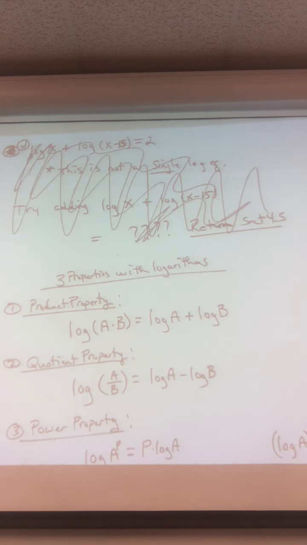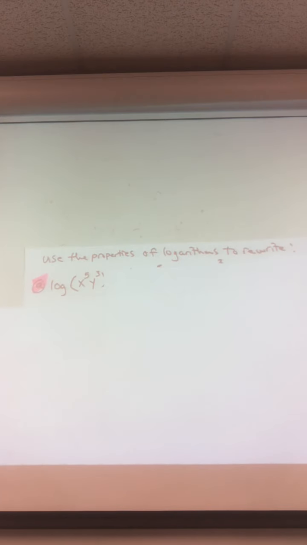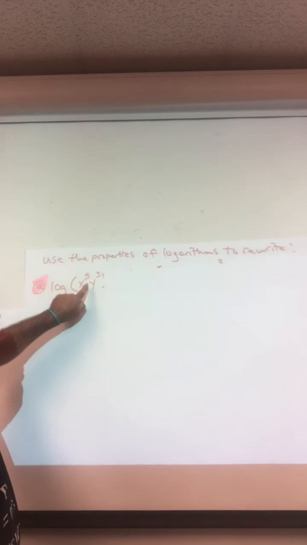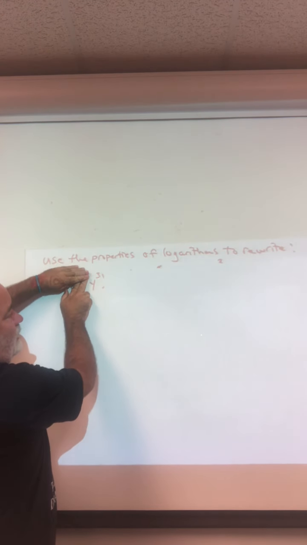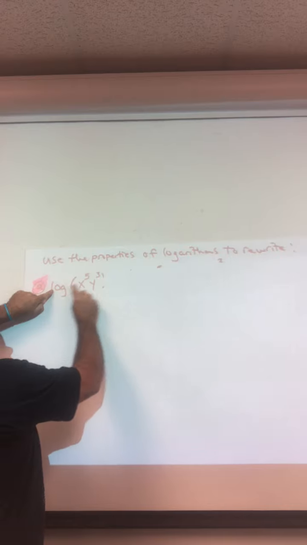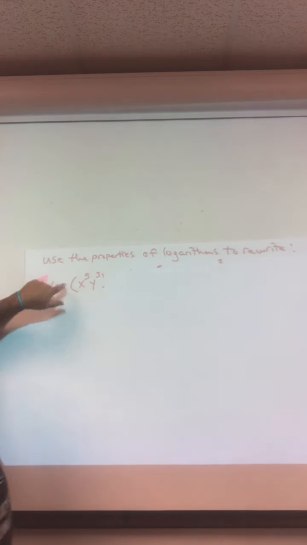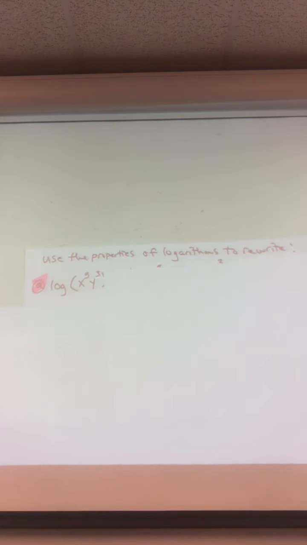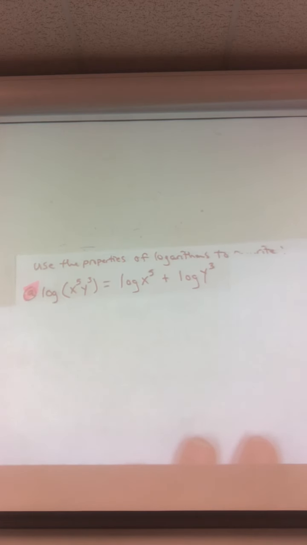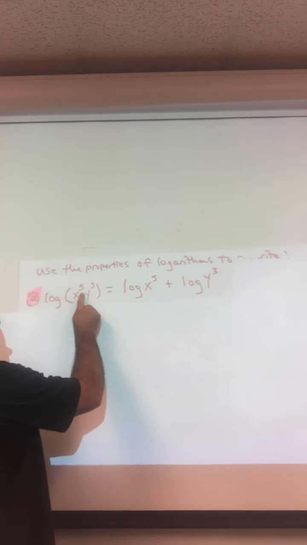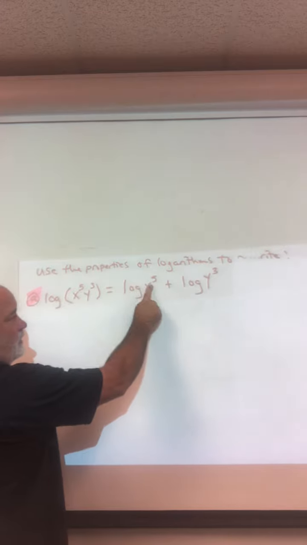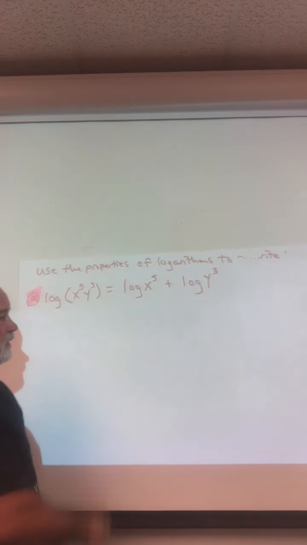So in this problem, the log of this times this, that is like your A, and that's like your B. So we're going to take the log of the first one plus the log of the second one. The log of A times B is the log of the first one plus the log of the second one.